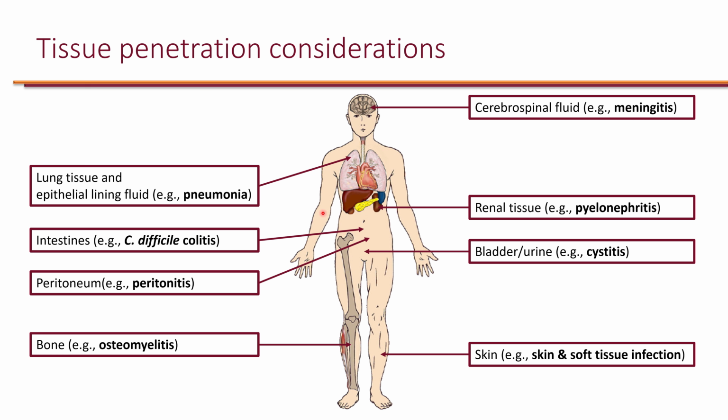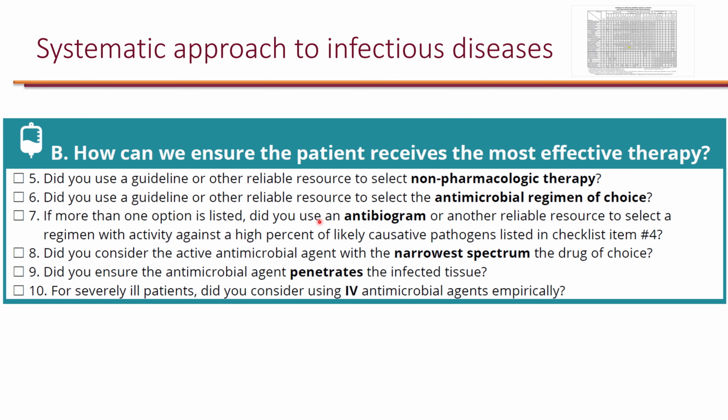Or if you're injecting into the blood, you want to make sure that it can actually go into the intestine. Otherwise, it's not going to get to the site of infection. And for pneumonia, which is infection of the lungs, you want to make sure there is penetration into the lungs and epithelial lining fluids. So penetration is important.